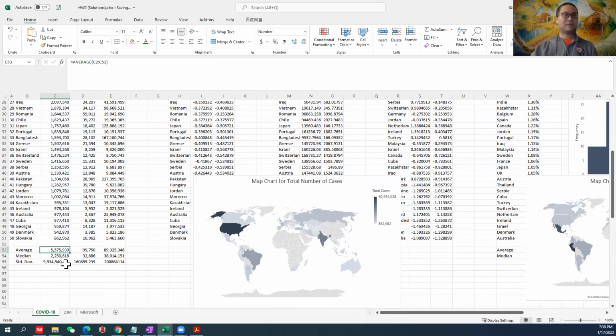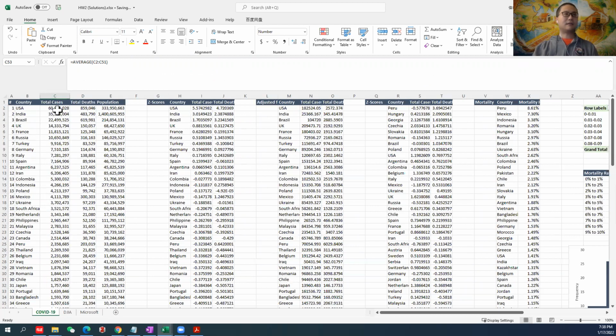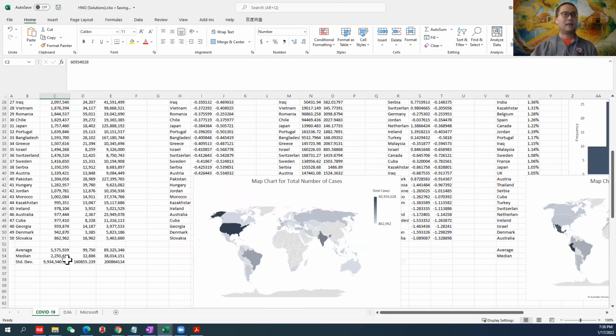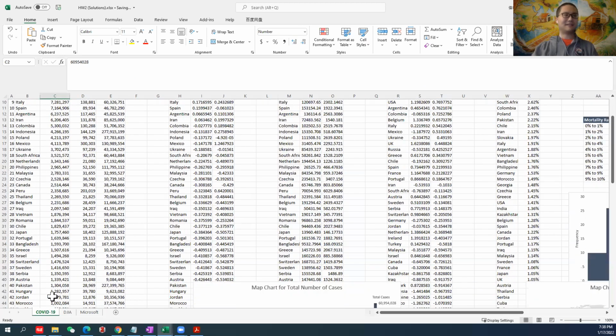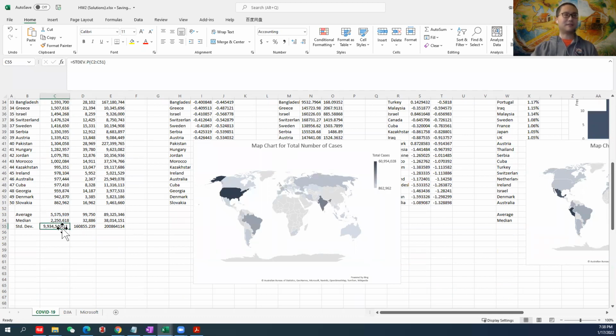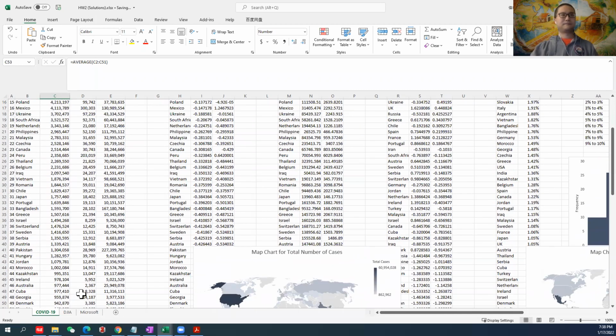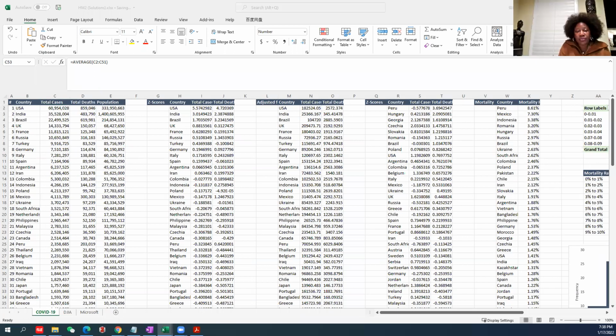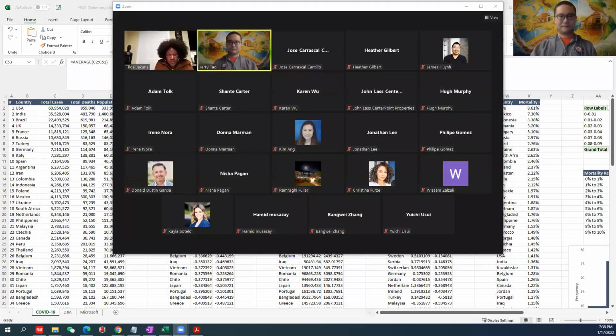But by how much? We would say that the USA, which had about 61 million cases, had a total number of cases about 5.57 standard deviations above the average. A standard deviation here means about 10 million cases higher than the average, which is 5.57 million. Okay, thank you. My pleasure.